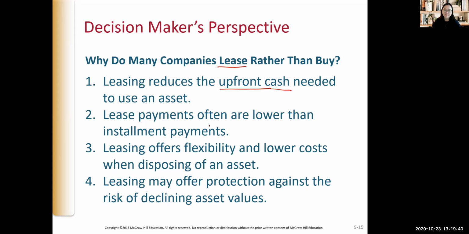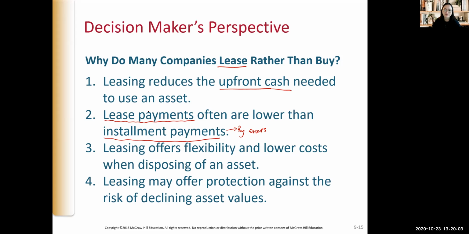Second, lease payments are often lower than installment payments. That's absolutely true because installment payment is considering purchasing the whole asset, but if you are leasing an old piece of equipment, the market value of that equipment has already decreased, right?